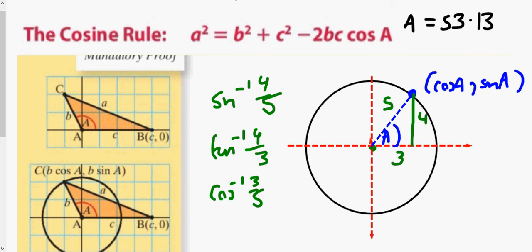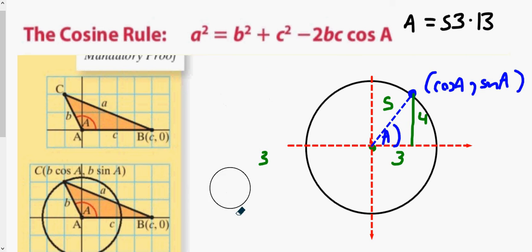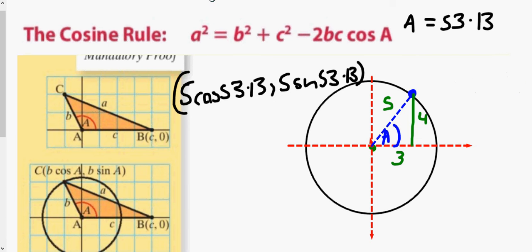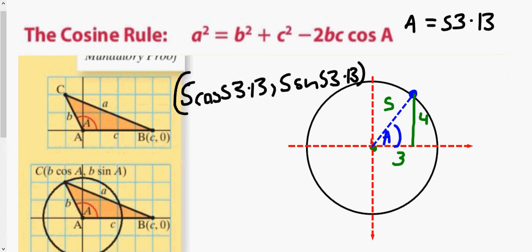Next thing I'm going to ask you is this. What's the radius of this circle? Is everybody happy the radius is 5? So would everybody agree that this is 5 cos 53.13 and 5 sine 53.13? Would everybody be happy that's the coordinates? Now, from junior cert, from first year geometry, what point is 3 to the right and 4 in the air?